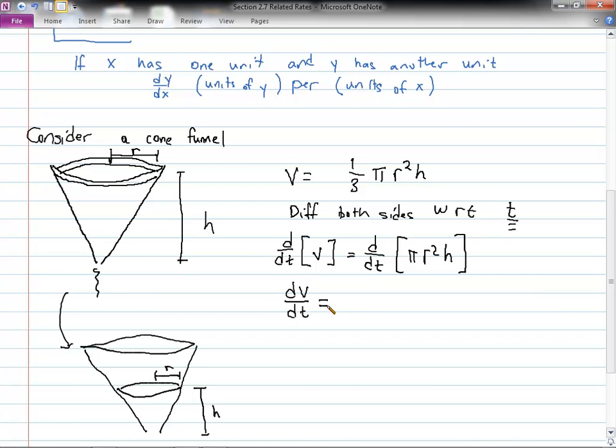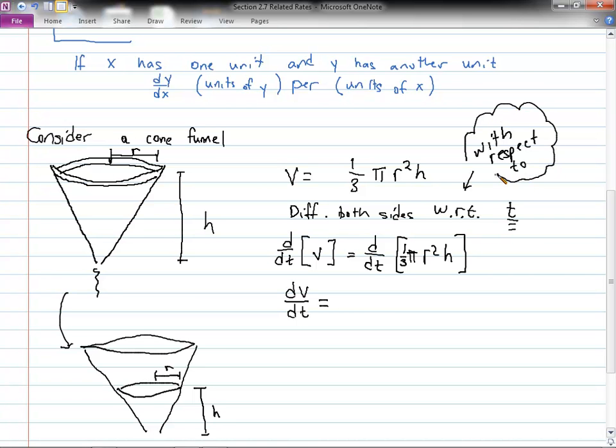Okay, what about the right-hand side? Well, first of all, I lost a third, and I don't know where it went, so we'll stick it back in there. Sorry. What does that say? Diff both sides WRT? Yeah. Did you not hear what I said when I wrote that? Ah, yeah. I'm using abbreviations that I should probably put down at least once in your notes. With respect to, I will use that one a lot.